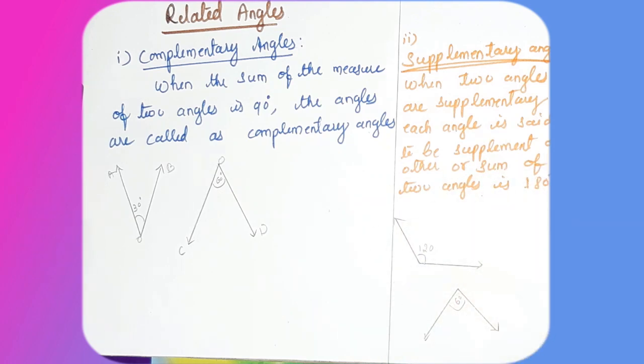Next type we'll see, that is adjacent angles. See students, the third kind of angles are adjacent angles. Already how many types did we learn? Two types. Which are those? Complementary angles. What are complementary angles?